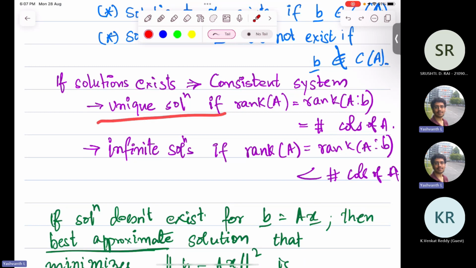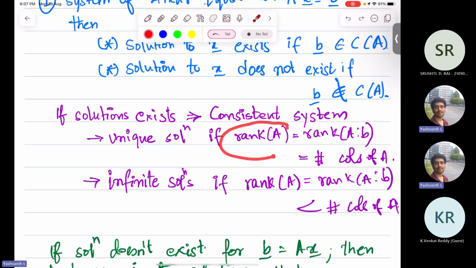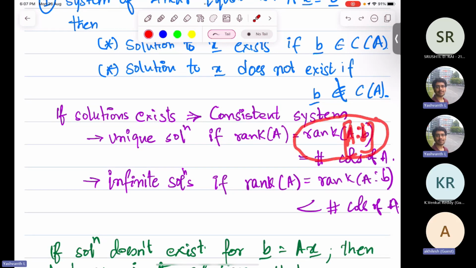Under the category of unique solution, we saw when a unique solution exists: if the rank of the matrix A is the same as the rank of the matrix A augmented with the vector b. If I compute the rank of this augmented matrix and the rank of the matrix A, both of them have to be equal, and both are equal to the number of columns of the matrix A.